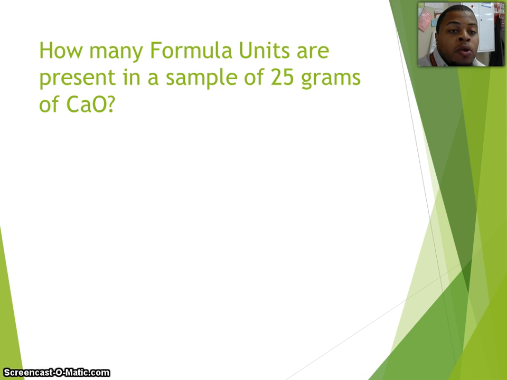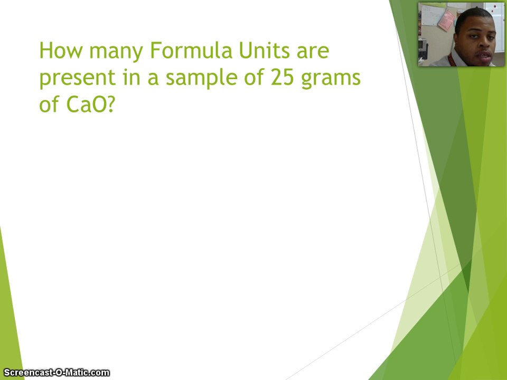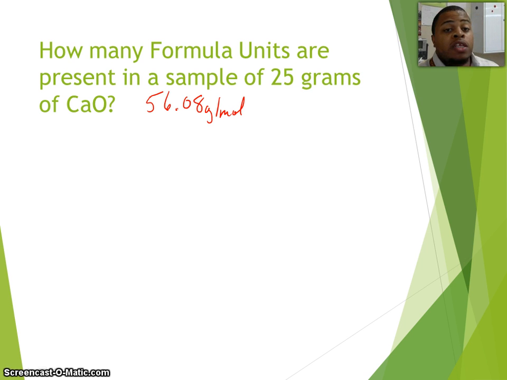I need to find my molar mass for calcium oxide. Well, considering what I have here, I have 1 mole of calcium, which we know has a mass of 40.08, plus 1 mole of oxygen, which has a mass of 16. So my molar mass is going to be 56.08 grams per mole.